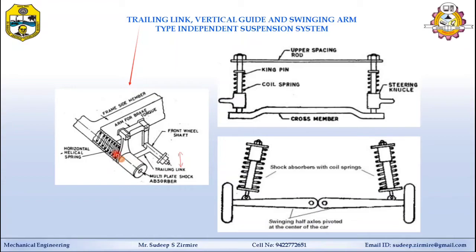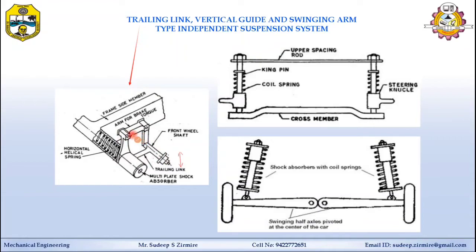In this system, to relieve this spring gradually, a multiplate shock absorber is provided. In some cases torsion bars are also used in the case of the horizontal helical spring. So it has limited use.